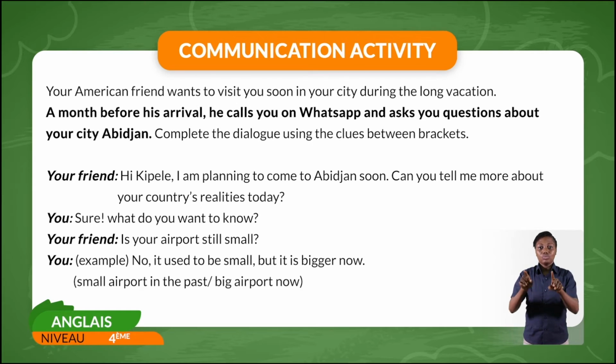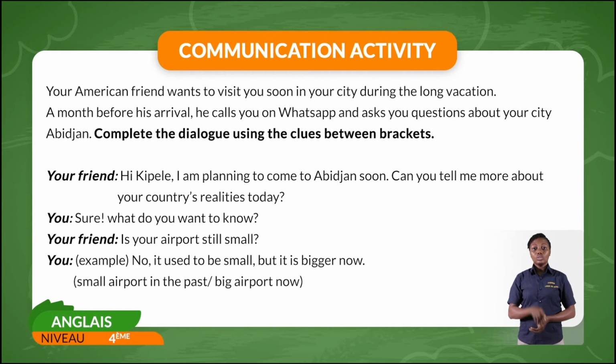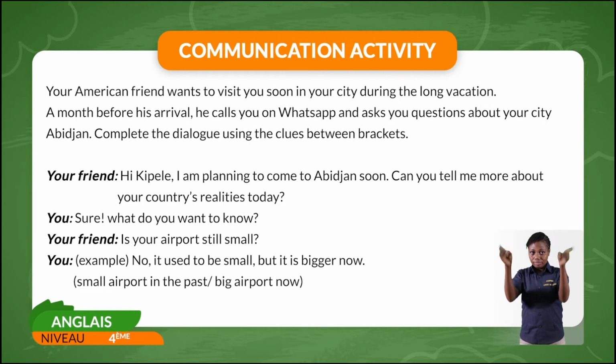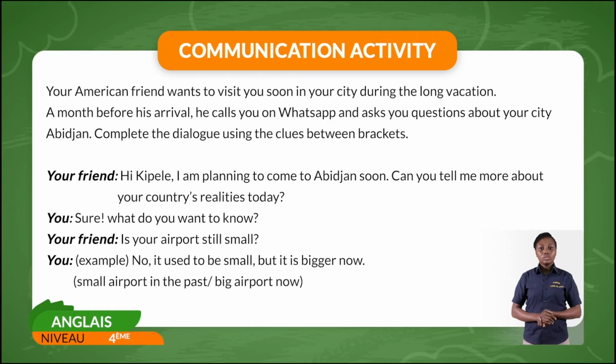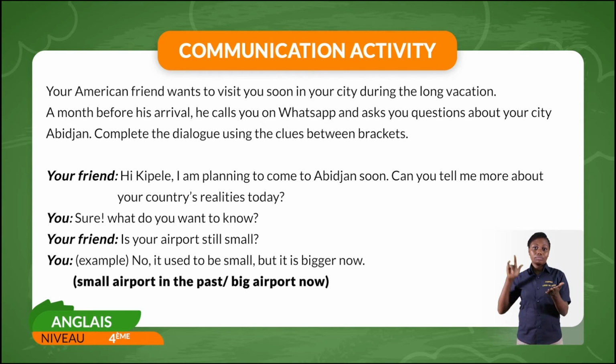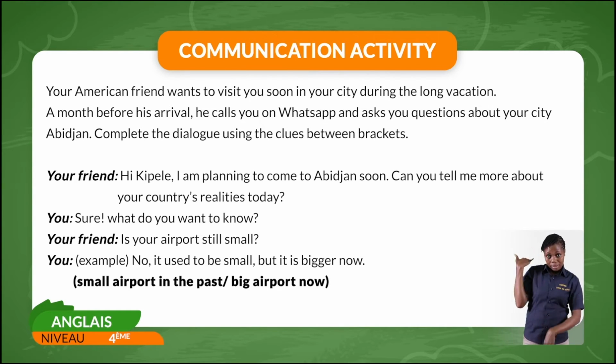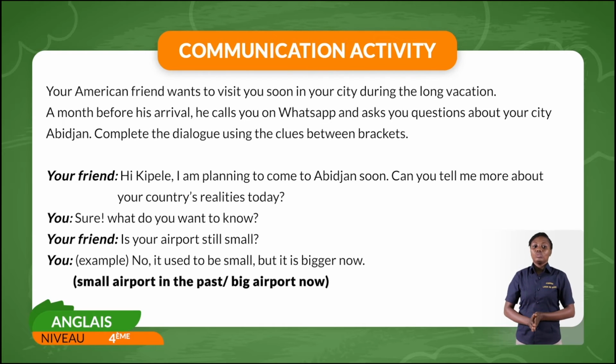A month before his arrival, he calls you on WhatsApp to ask you questions about your city, Abidjan. Complete the dialogue using the clues between brackets. So you see, you have the dialogue, and between brackets, you have some clues.